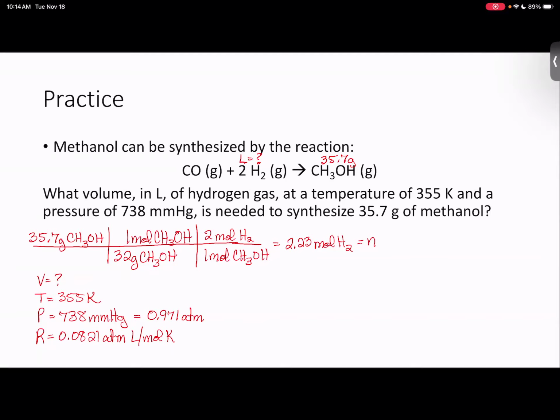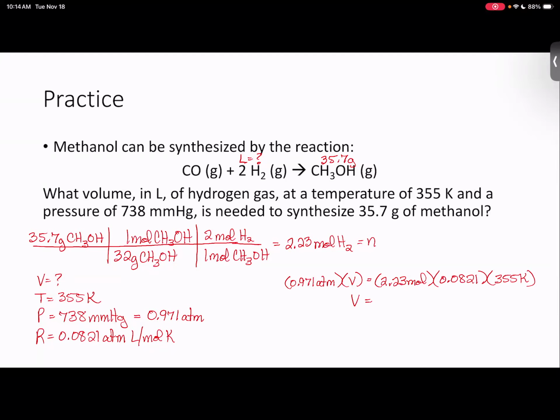Now I have all parts of my ideal gas law. The pressure is 0.971 atmospheres. I am asked to calculate the volume. That is equal to the moles of 2.23 moles times R of 0.0821 atmosphere liters per mole Kelvin times the temperature in Kelvin of 355 Kelvin.